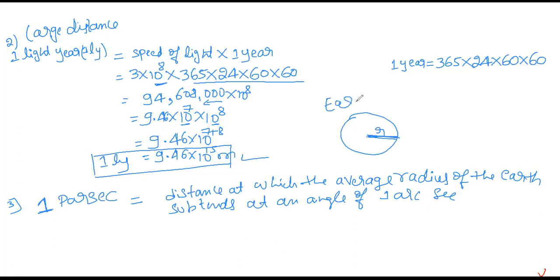This is the radius. This is the earth, which is almost spherical in shape. This is a radius r. This is the center. The distance at which the average radius of the earth subtends an angle of 1 arc second. This is an arc.